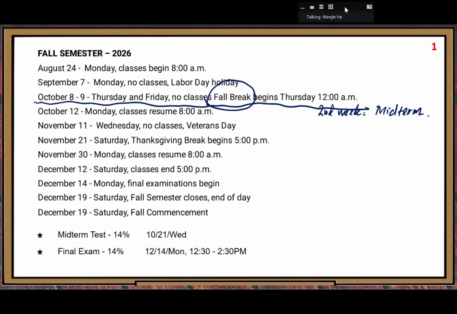The second week after the fall break. So that final question? Any question? So no problem. So because you will see based on the timeline, that's the best time for us to do the midterm.